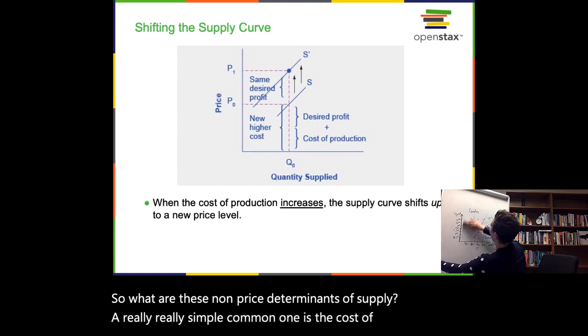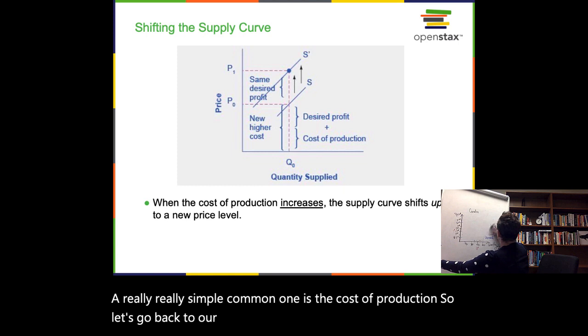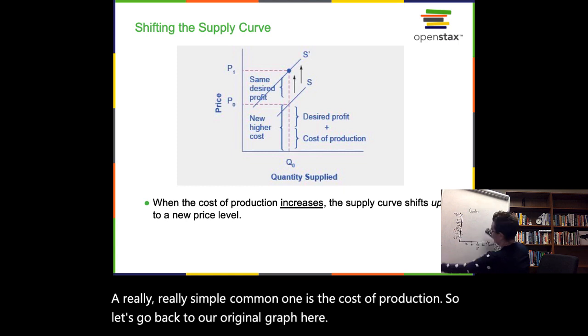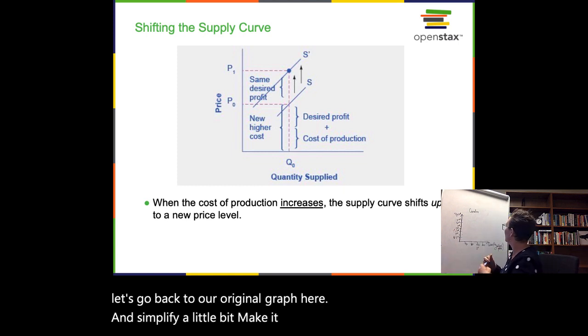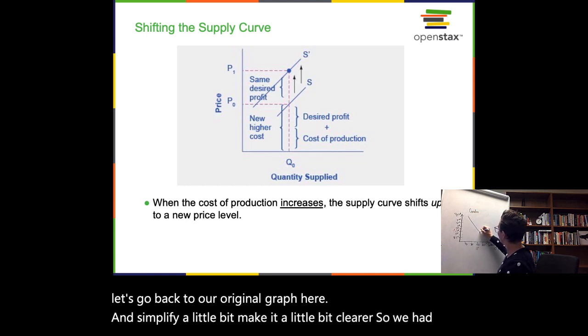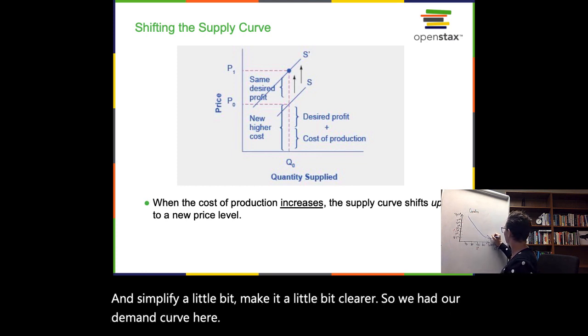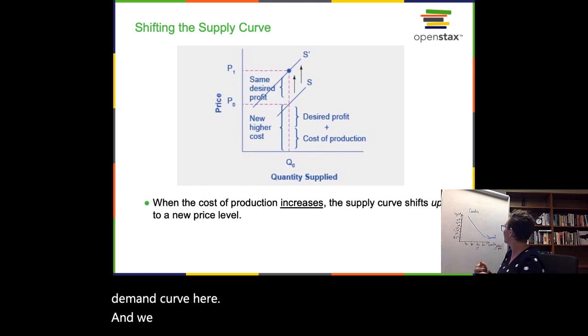So let's go back to our original graph here and simplify this a little bit, make it a little bit clearer. So we had our demand curve here, and we had our supply curve right here.